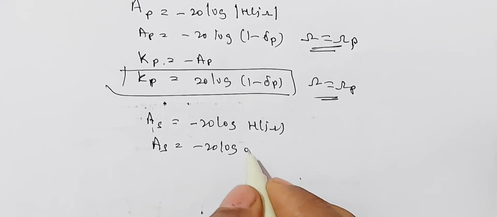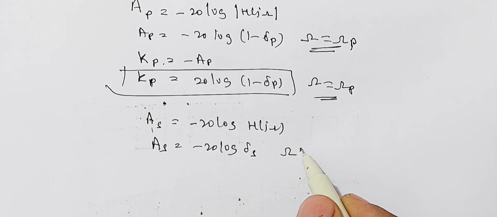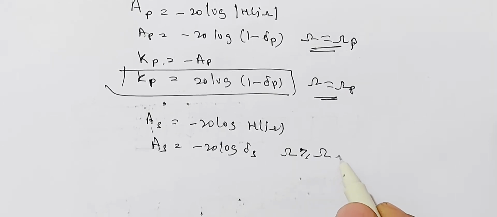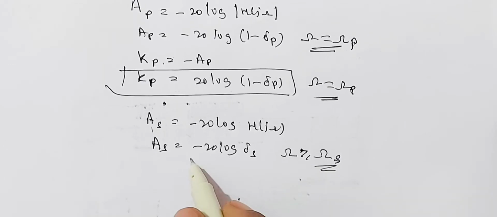Stop band is delta s, which is almost equal to 0. Stop band value is 0, that is, the output voltage stops, meaning 0 or a very small value delta s. This is when omega, that is frequency, is greater than or equal to the stop band frequency. After this frequency, the output voltage stops.